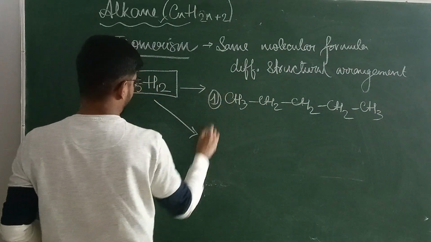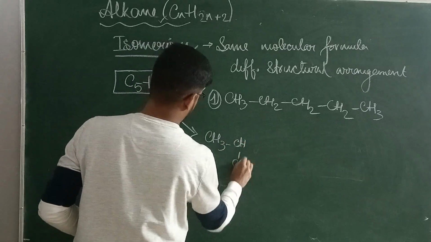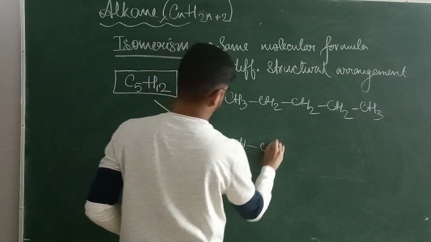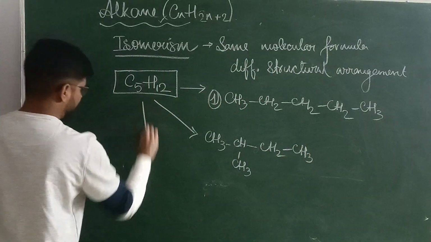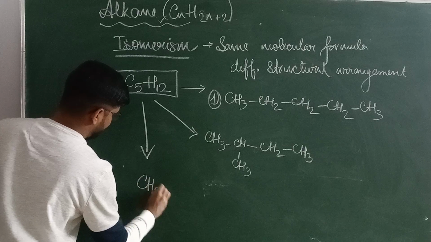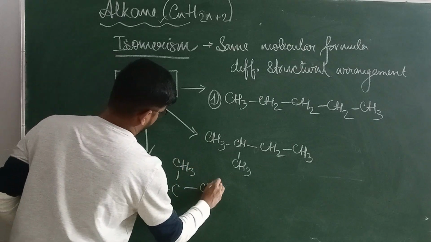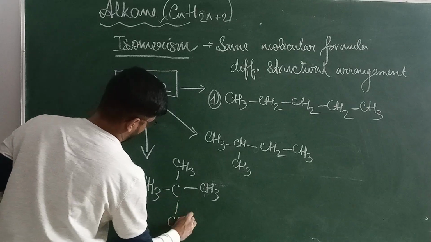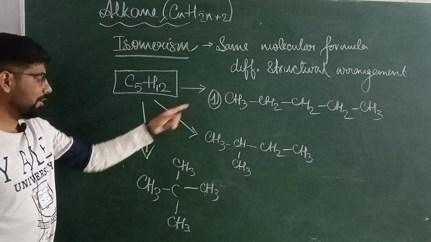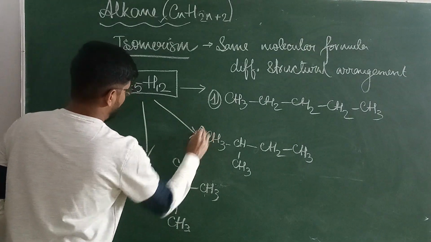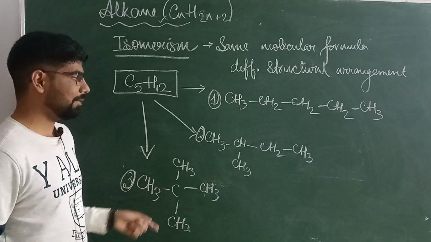First one will be this one. Second one is this one. Third one is this one. Okay. So see, in the first, second, and third, all have the molecular formula C5H12, but the structural arrangement is changing.